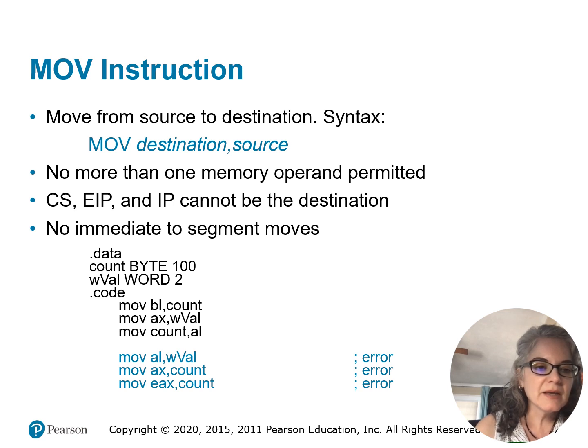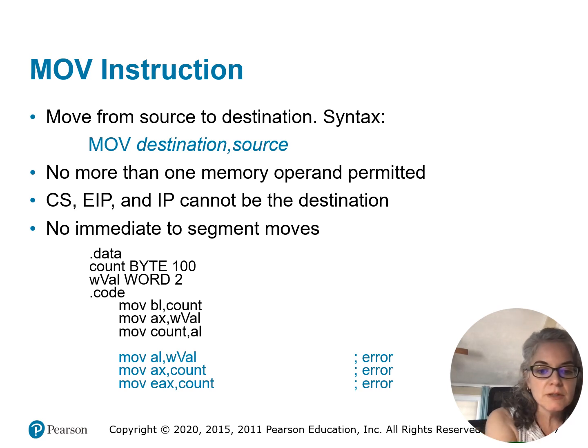CS, EIP, and IP cannot be the destination, so these registers cannot be the destinations. This register here points to the segment where a program that's running begins, so we definitely cannot overwrite that. And these are instruction pointers.